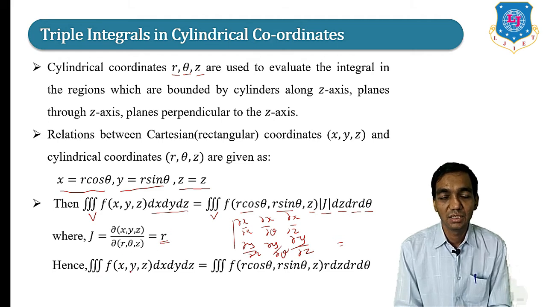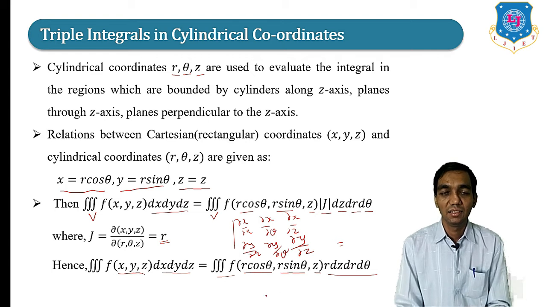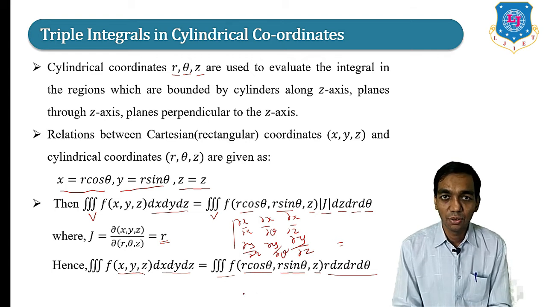So the triple integration of f(x, y, z) dx dy dz is going to be reduced in the form of the triple integration of f(r cos theta, r sin theta, z) into r dz dr d theta. Now you have to put the limits of z, r and theta in the same manner as we have taken in double integration.